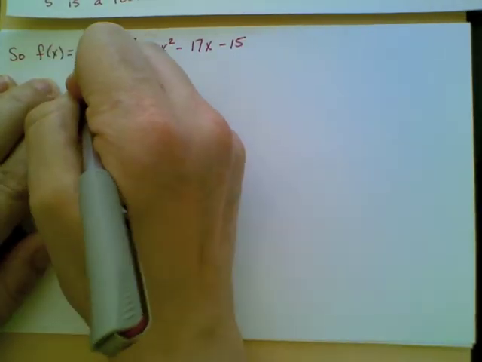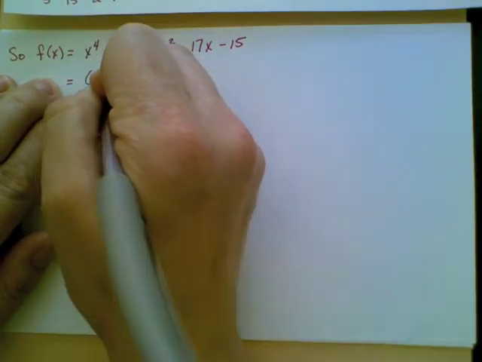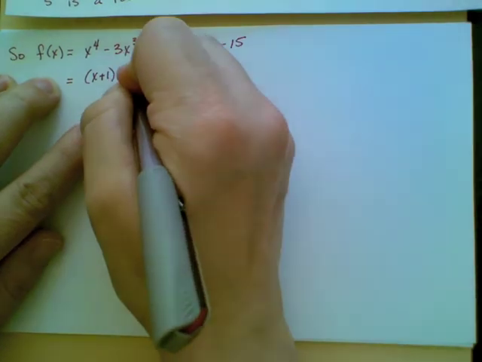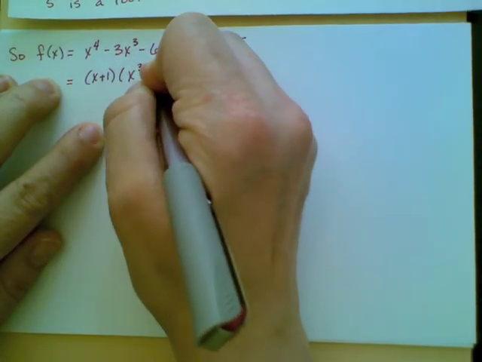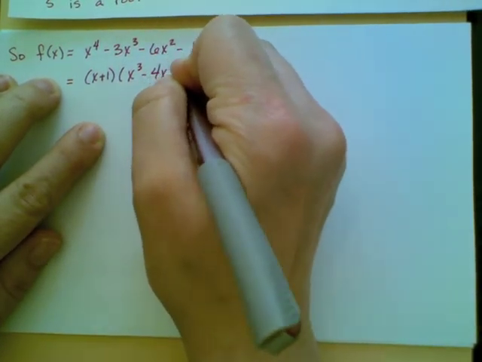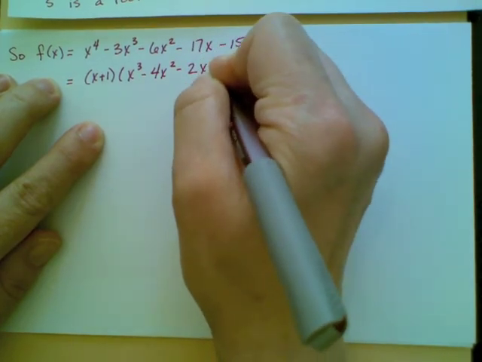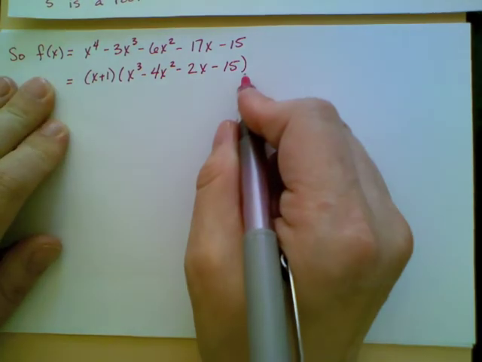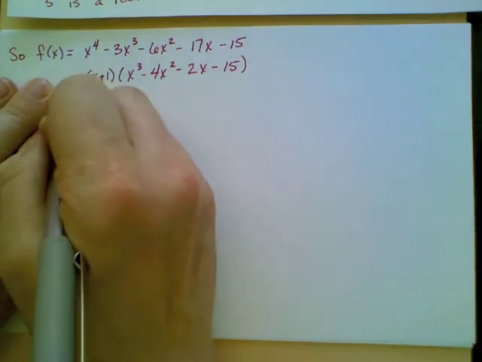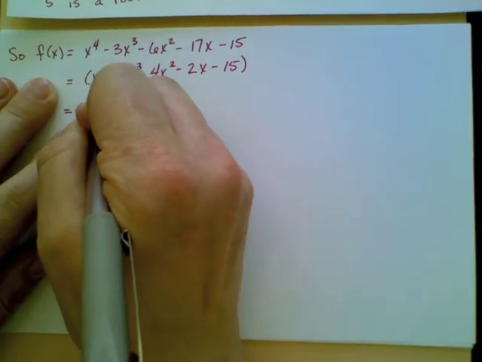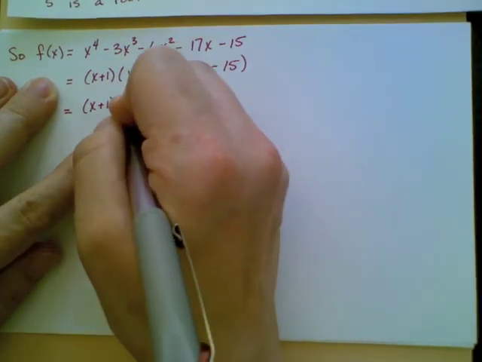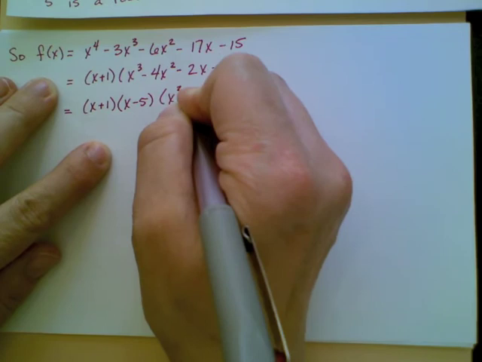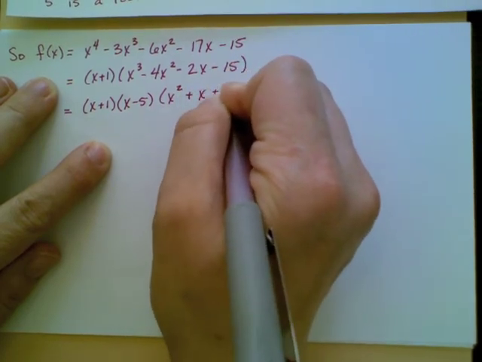Remember, we found that x plus 1 was a factor, and really copying this from the previous page. And now we have this factored a little better. This second factor can be factored as x minus 5 times x squared plus x plus 3.